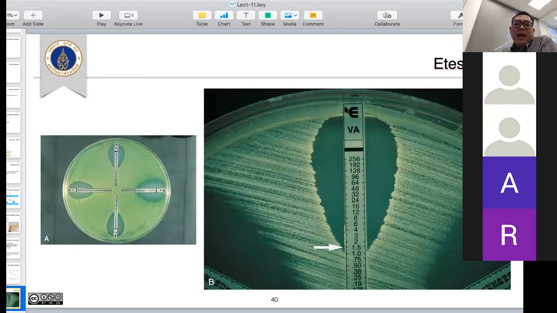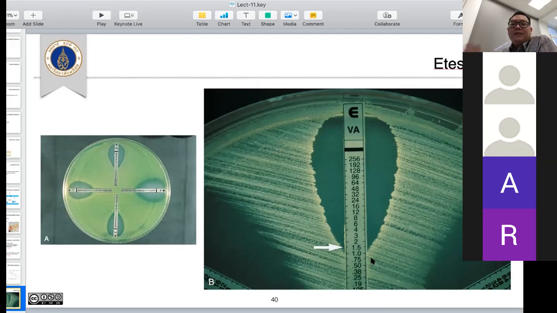You just put the strip in this area. The concentration of antibiotic is quite high, then it diffuses in the zone, and the zone gets narrower until the area that you can read where the bacterial spread touches the strip.